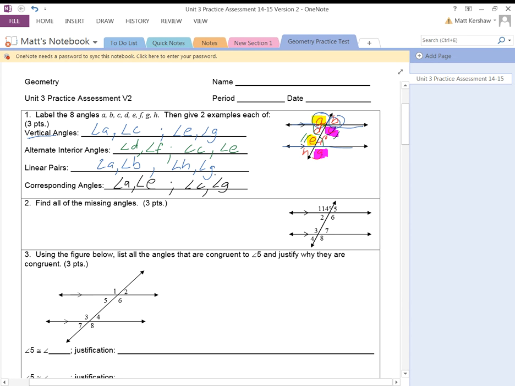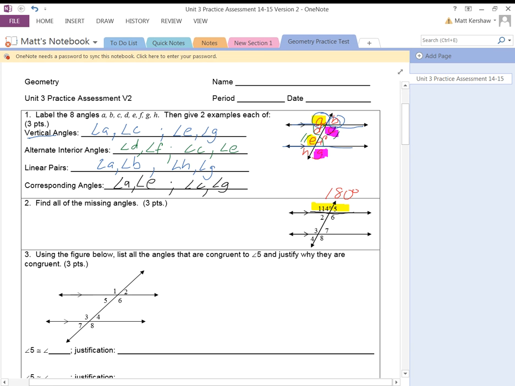All right, let's take a look at number 2. Find all of the missing angles. So as we look at this over here, notice that this right here makes a nice straight line. So since this is a straight line, what do we know about a straight line? We know that a straight line, the two angles have to add up to 180 degrees.